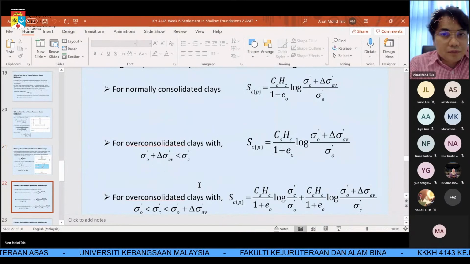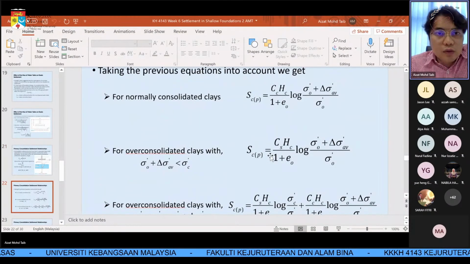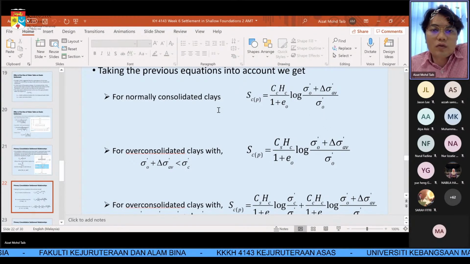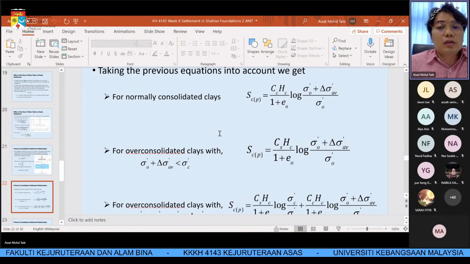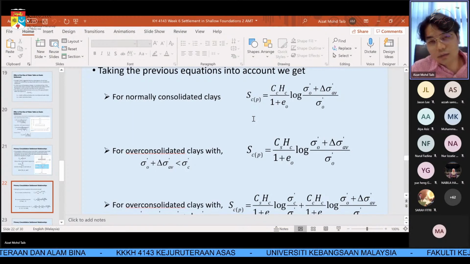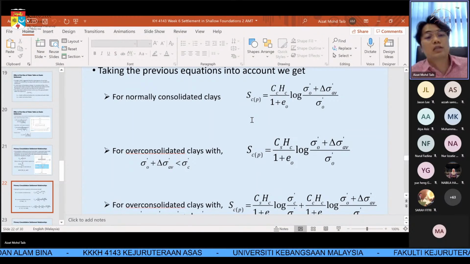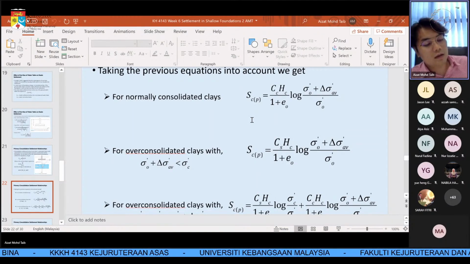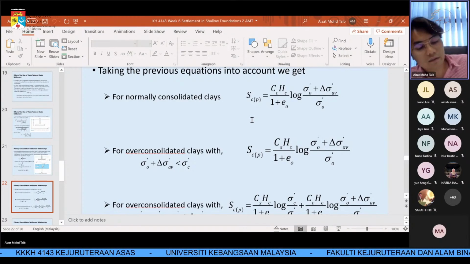Okay, so taking the previous equations into account, okay, so ini adalah consolidation settlement equation for normally consolidated clay. Okay, so if you want to understand this further, okay, awak sebenarnya dah belajar consolidation dalam geology, and then you can refer back to chapter 2 kalau dalam buku ni.